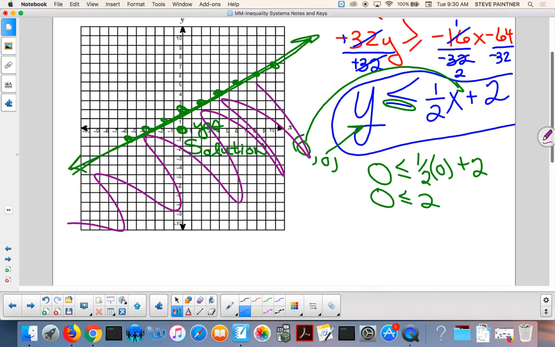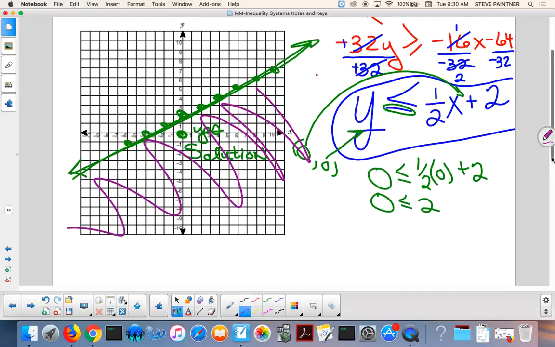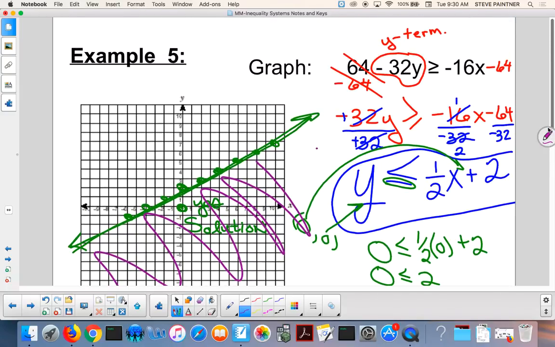Thumbs up, thumbs down, thumbs sideways? You got anything? Wouldn't it be negative 1/2 because you're adding 32? It's negative 16. This is not adding.